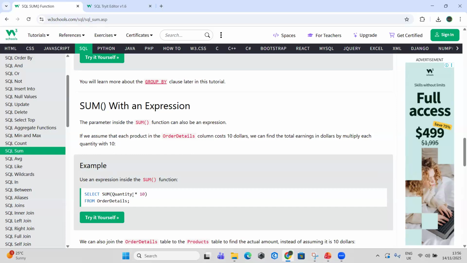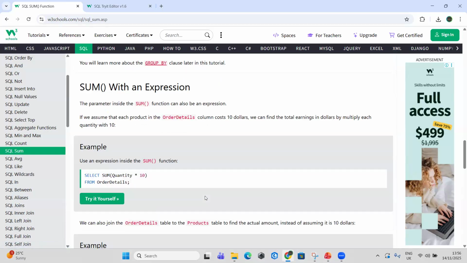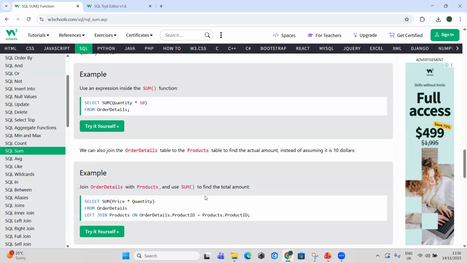If you multiply it in here, that means you can apply the mathematical operators, and then also you can add it and it will give you the final value. So you can take different columns of your table and multiply them here.